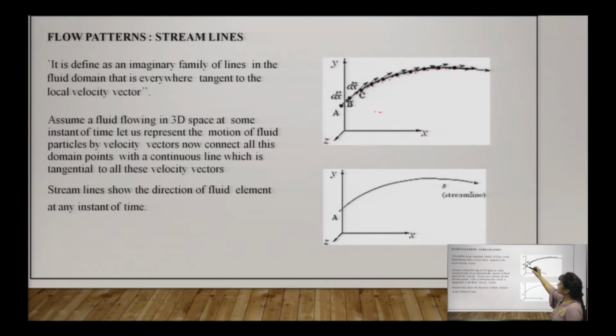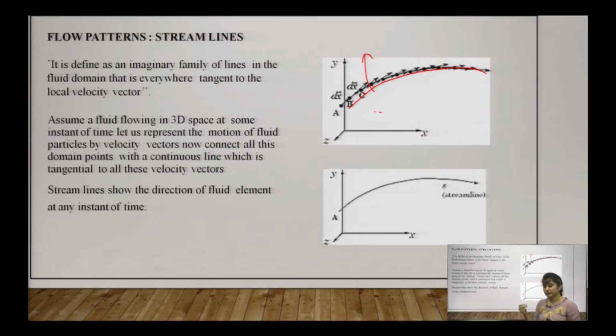Then a single line drawn tangent to all of these velocity vectors is known as a streamline. Streamlines show the direction of fluid at any particular instant of time. They also give you the idea of velocity vectors in that particular direction.